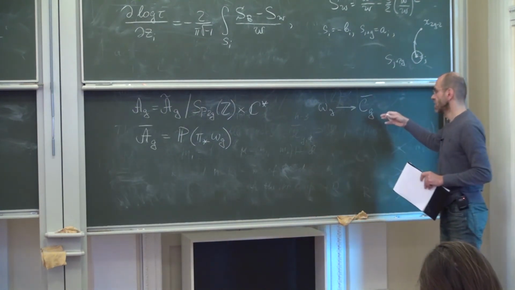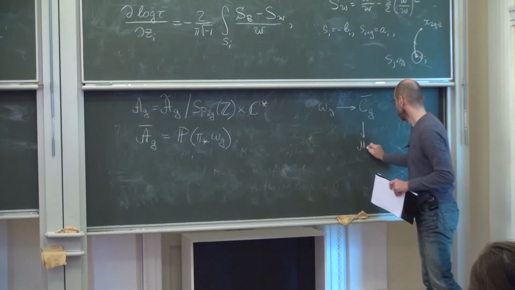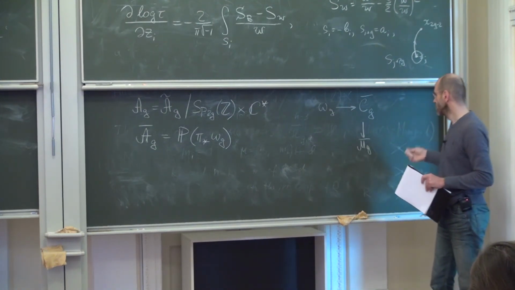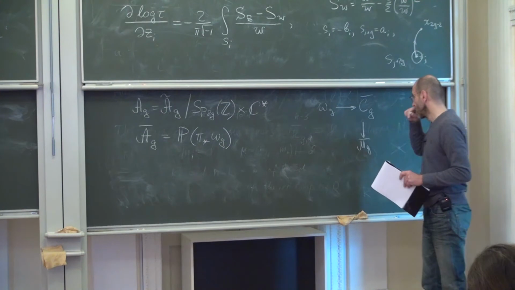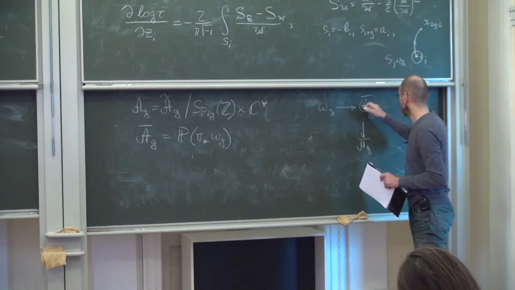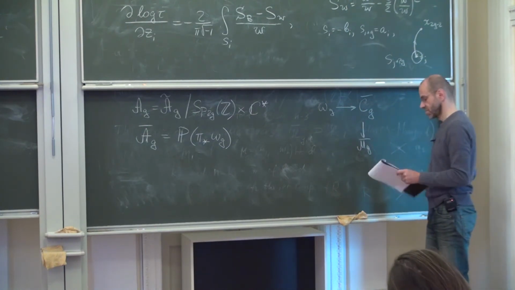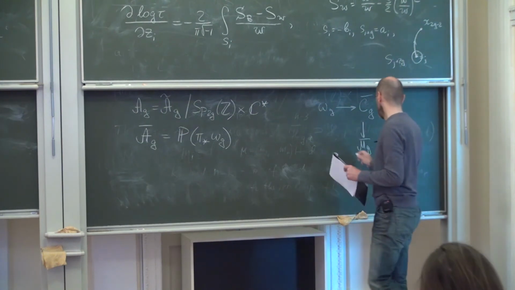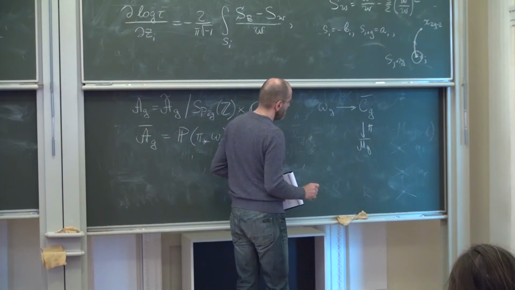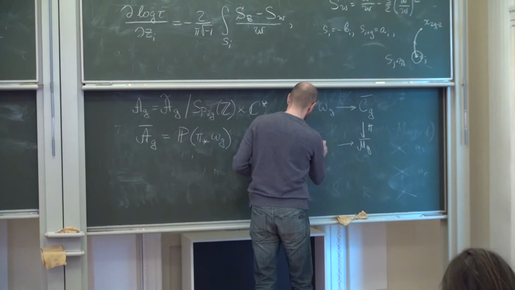Along fibers, this is just the cotangent bundle to the curve, or the canonical bundle to the curve. It's a dualizing sheaf on each fiber of the universal curve. And if we denote this map by pi, then here we have the push forward.